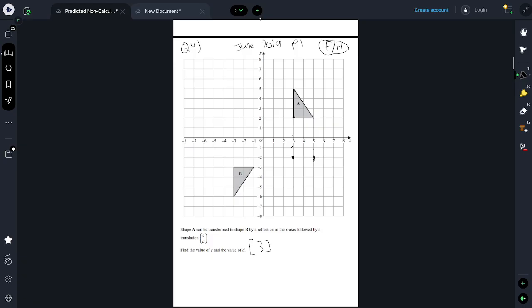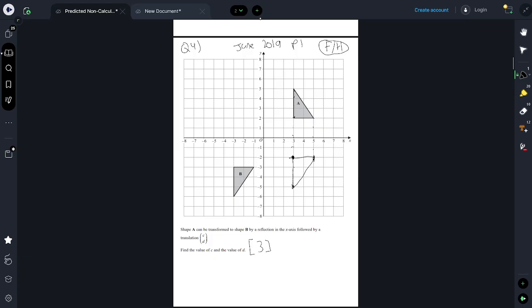And then this one here, 1, 2, 3, 4, 5, 1, 2, 3, 4, 5. And then simply connect to form a triangle with a ruler, obviously. That's the best I can do without a ruler. But yeah, that'll be the reflected shape. That's a reflection in the x-axis.